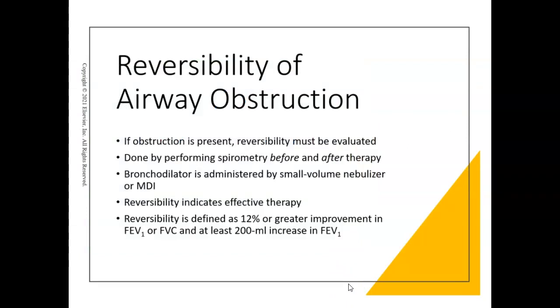All right. So that reversibility of airway obstruction, we talked about FVCs and doing a pre and post. If we suspect that an obstruction is present, we must evaluate if it's reversible or not. Think to yourself about what types of lung diseases benefit from bronchodilators. Not every lung disorder is going to benefit from a bronchodilator, right?